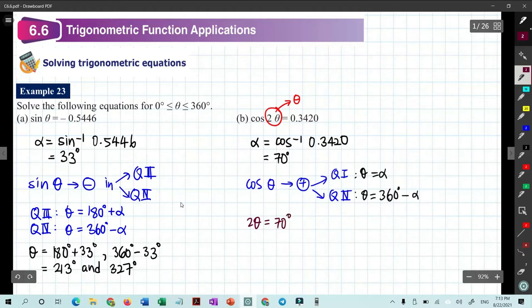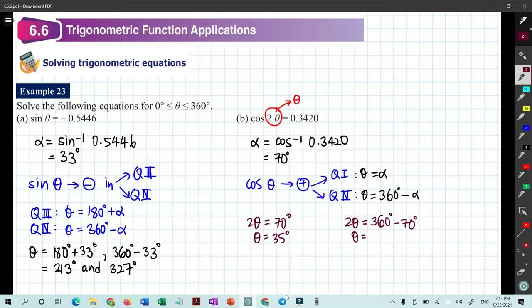This is for the first quadrant. 2 theta is equal to 360 degrees minus 70. If you solve this, then theta is equal to 70 divided by 2, which is 35, and here theta is equal to 360 minus 70, 290 divided by 2, which is equal to 145.